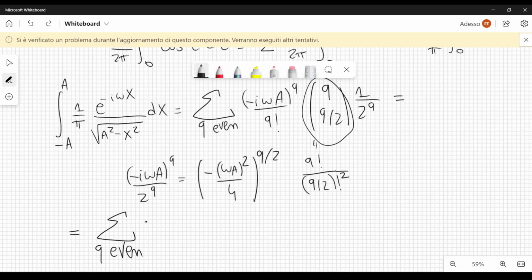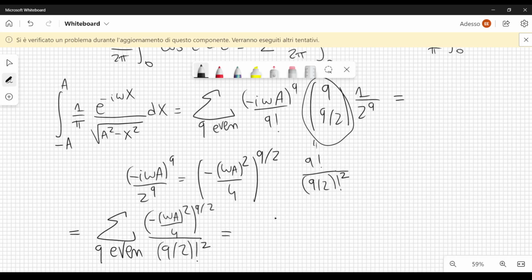So I'm going to rewrite it like this: minus omega a squared over 4 to the power q over 2, and then we simply have to divide by q over 2 factorial squared, because this q factorial will cancel the q factorial here.